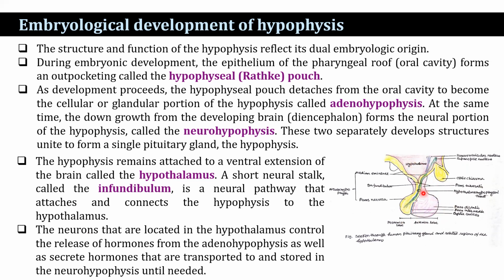A short neural stalk, the infundibulum, is a neural pathway that attaches and connects the hypophysis to the hypothalamus. The neurons located in the hypothalamus control the release of hormones from the adenohypophysis, as well as secrete hormones that are transported and stored in the neurohypophysis until needed.